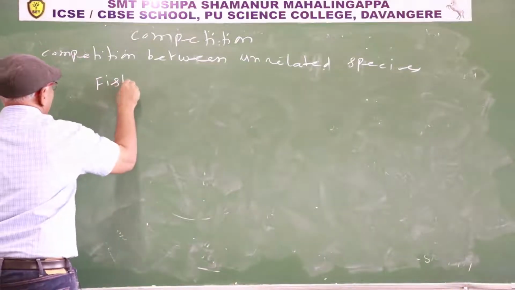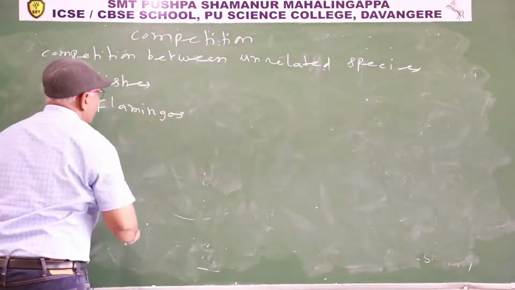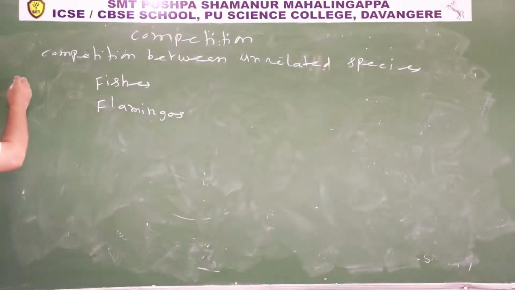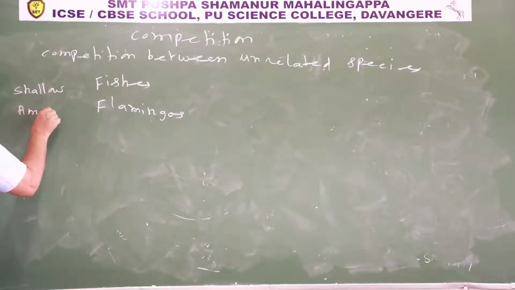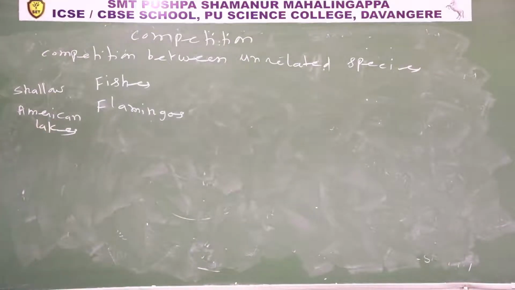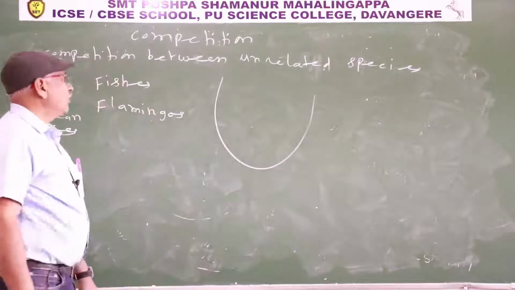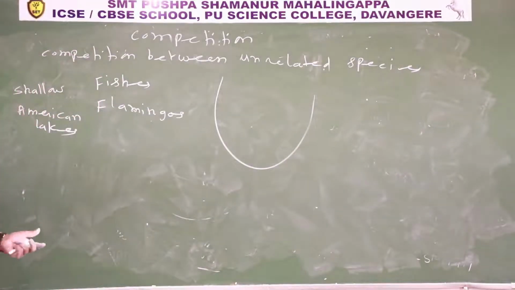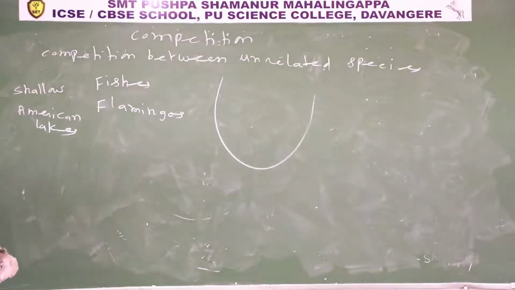Competition between fishes and flamingos in shallow American lakes. Shallow means not very deep. Flamingos visit the shallow American lakes for 3 months only, during winter.